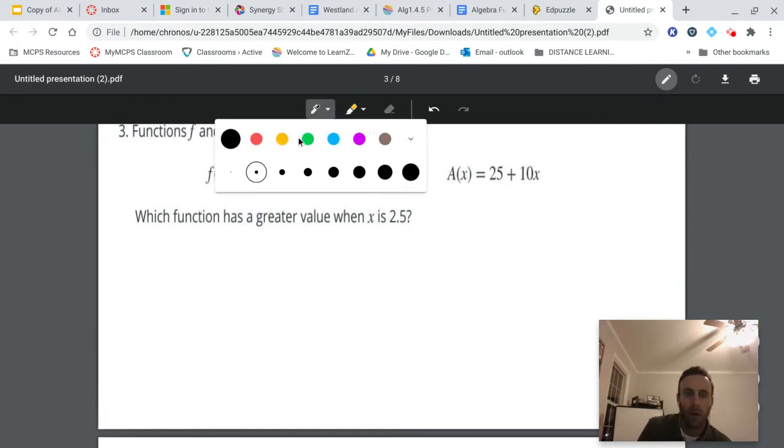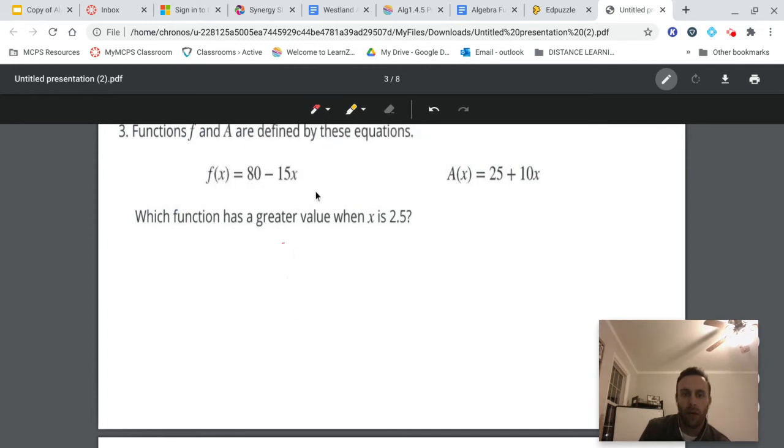So hopefully what you said was, x is 2.5. You're just putting in a 2.5 there and solving it, and you're putting in a 2.5 there and solving it. So function a of 2.5 would get you 50, because 10 times 2.5 is 25, and 25 plus 25 is 50.